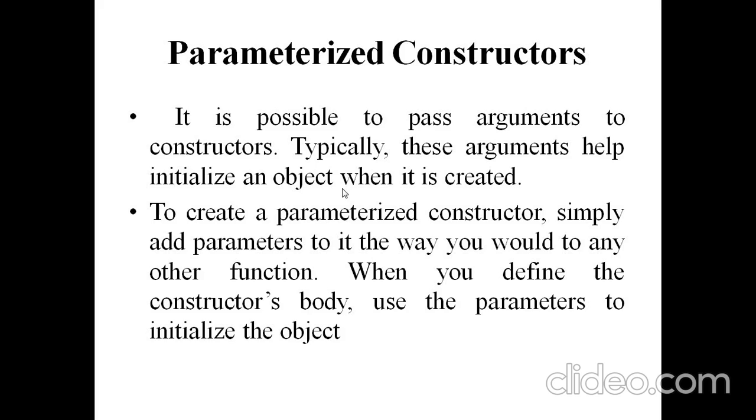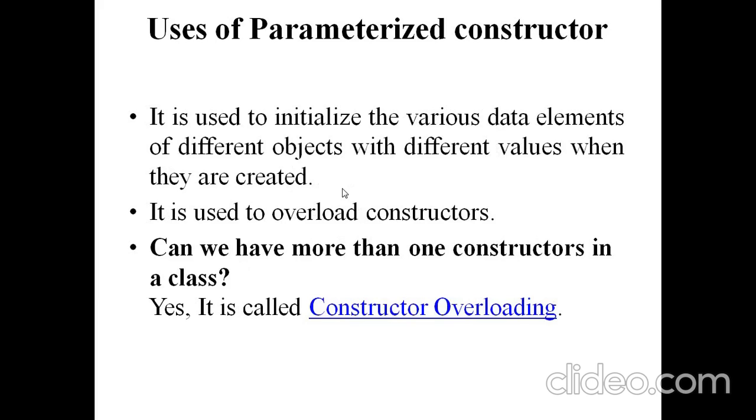When you define the constructor's body, use the parameters to initialize the object. It is used to initialize the various data elements of different objects with different values when they are created. It is used to overload constructors.